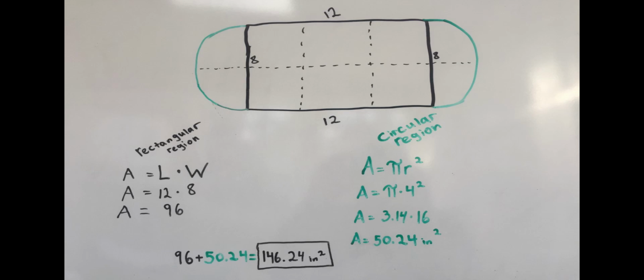And now we're going to take our rectangular region and our circular region and add them together. 96 plus 50.24 equals 146.24 inches squared. All right? Please make sure you pause this video and write down what I have. If you have any questions, I will answer them at a later time. Let's keep on going.